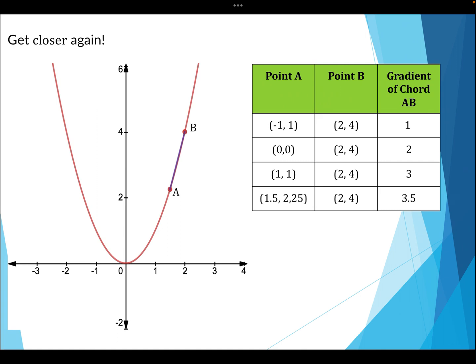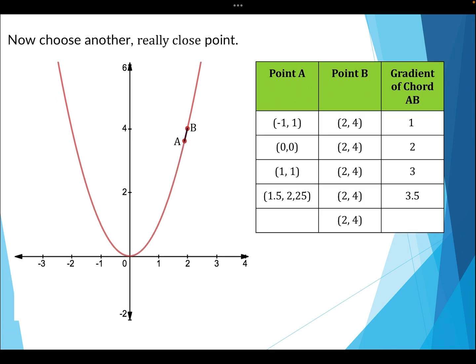Then x squared of 1.5 is 2.25. You can work out the average rate of change between A and B, or the gradient of chord AB, is 3.5. Keep going. This time a little bit closer, 1.8.